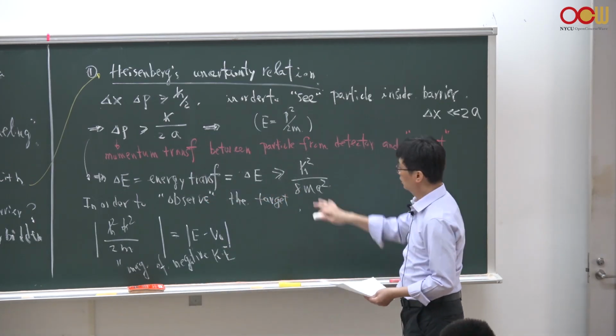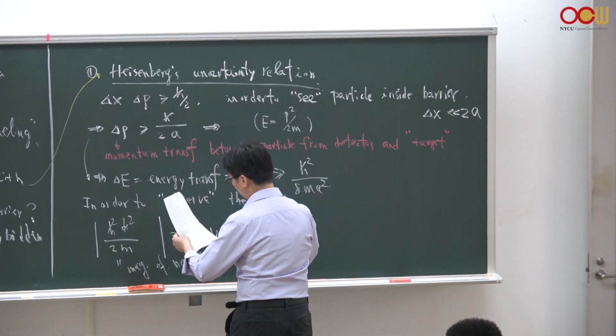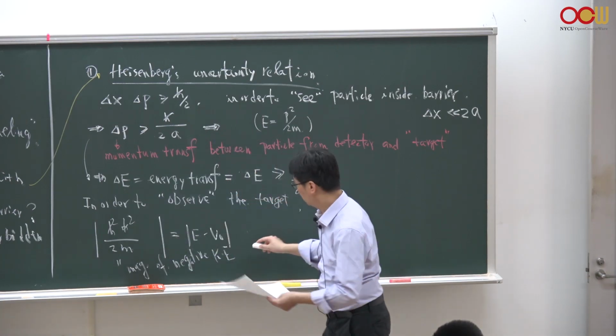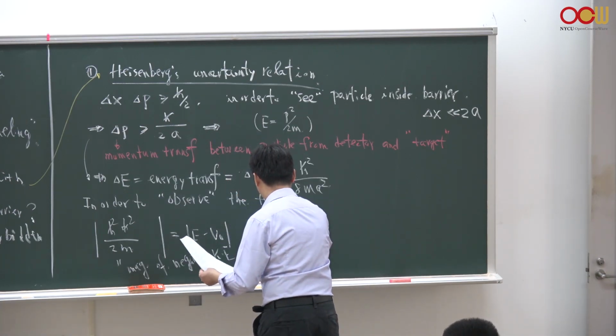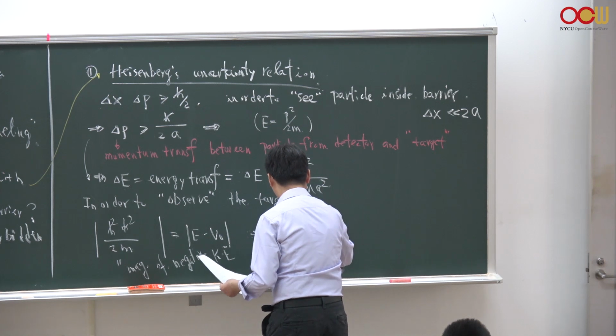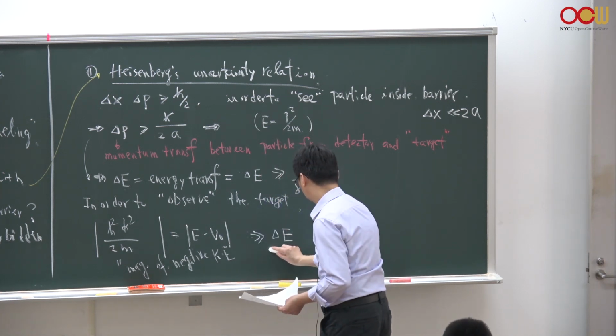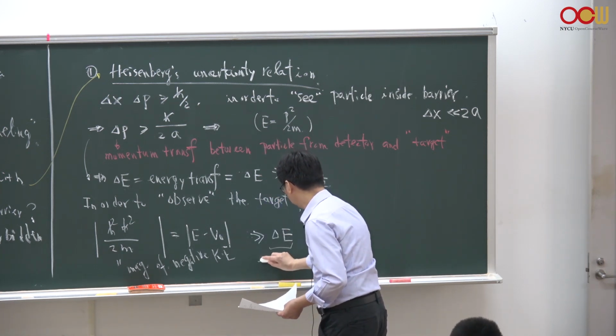So you could use this relation to see that the magnitude of the negative kinetic energy must be much larger than this error bar uncertainty in energy, right?